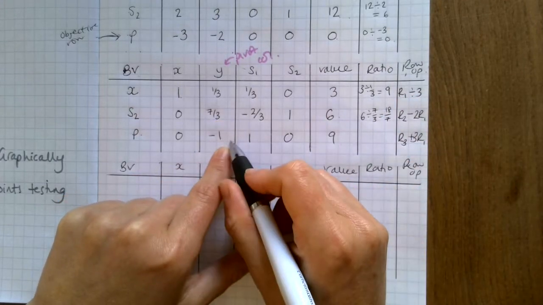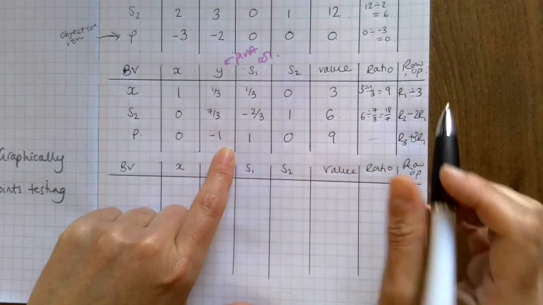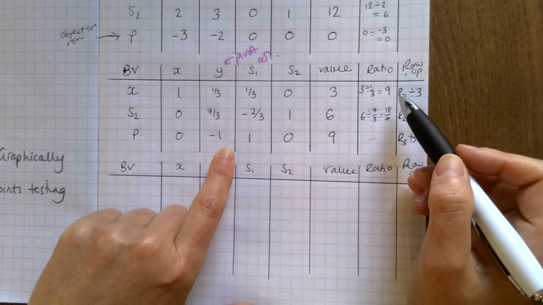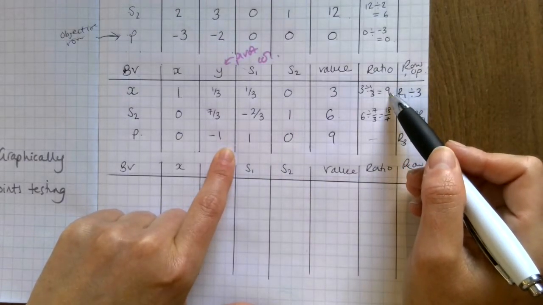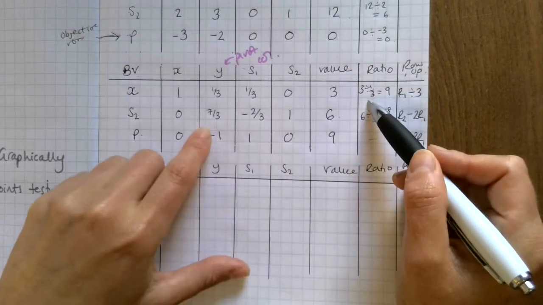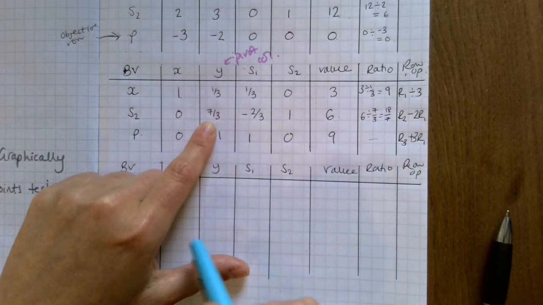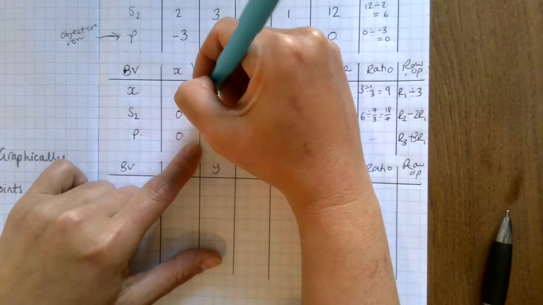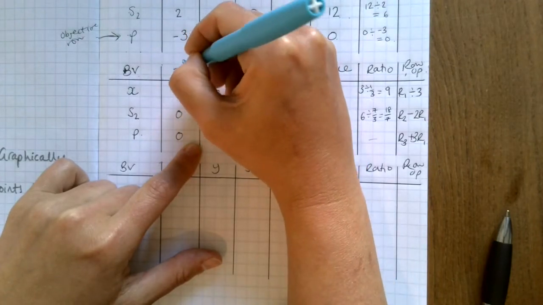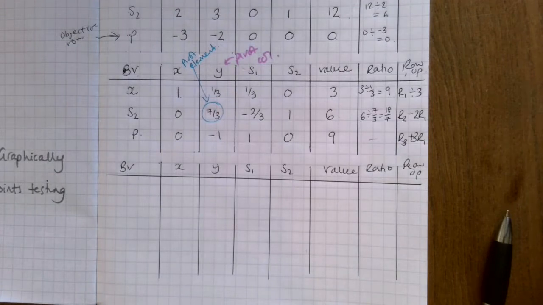And we don't need this one because it's going to be negative, and we don't ever choose a negative ratio. So we want the smallest positive ratio. That's the one we go for, and that's this one. So that makes that number there, that's 7/3, our pivot element. Okay, so it all hinges around that one.